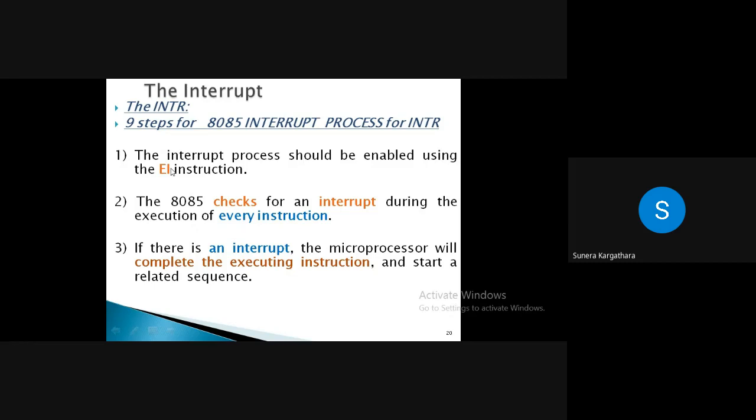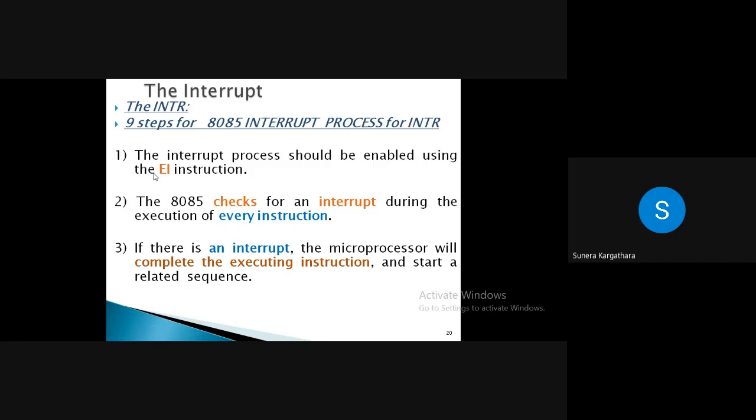So that particular pulse will enable the interrupt enable flip-flop, right? In your block diagram, you will observe there is one flip-flop. Flip-flop means 1-bit storage, right? So onto that, you will give either 1 or 0. So if this flip-flop is enabled, that means there is an interrupt.